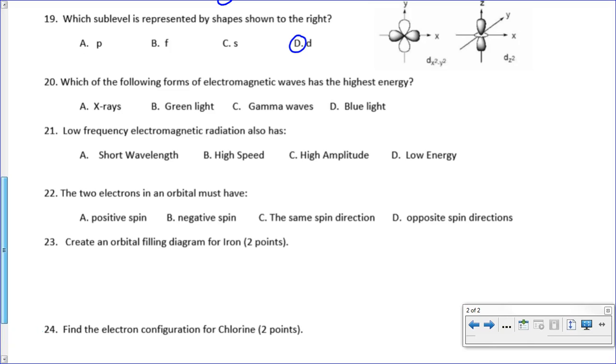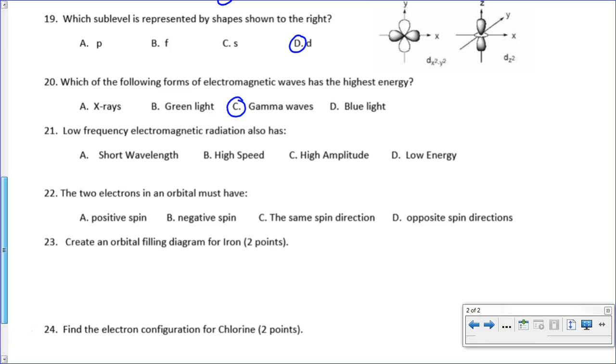20, which of the following forms of electromagnetic waves has the highest energy? You have to remember the way this goes: radio waves, microwaves, infrared, red, orange, yellow, green, blue, indigo, violet, ultraviolet, X-rays, gamma rays. We're looking for the one with the highest energy.